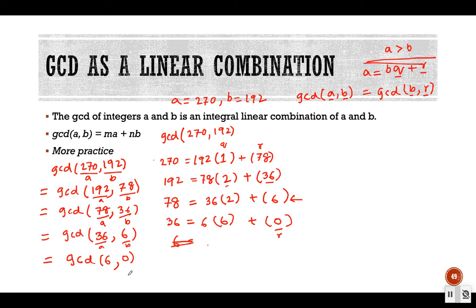What we know about GCD is that GCD of A and 0 is the same as A. GCD of any number and 0 is the same number. Think about that: GCD of 20 and 0 is 20, or of any number. The common divisor between any number and 0 is the same number.